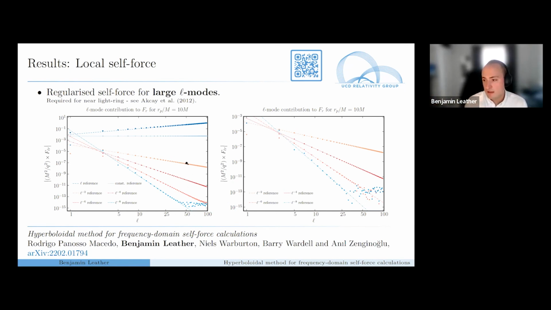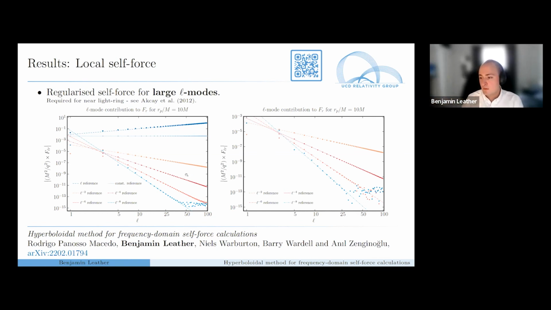What you don't get, when you go close to the light ring, is this. It's very hard to see this same behavior, even with regularization parameters. So in order to find this for the light ring, you really need to go out to high L modes to be able to get this nice subtraction that you see in the plots here.